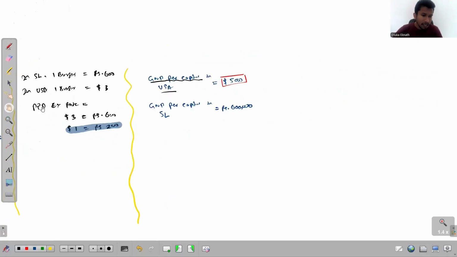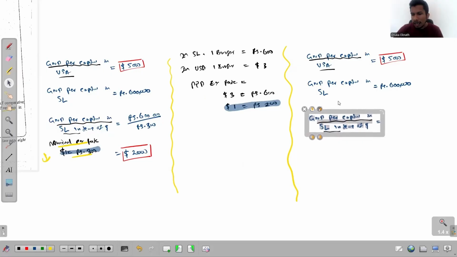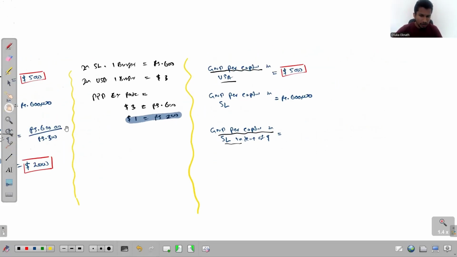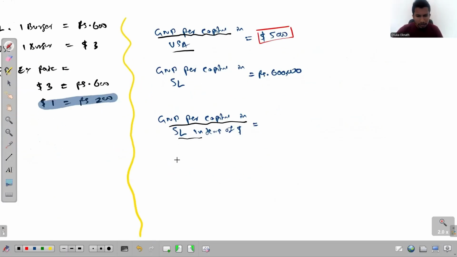And now let me calculate this GNP per capita in Sri Lanka in terms of dollars. But this time when I do this conversion, what do I use? I use the purchasing power parity exchange rate that I calculated earlier, and that rate is $1 equals rupees 200.